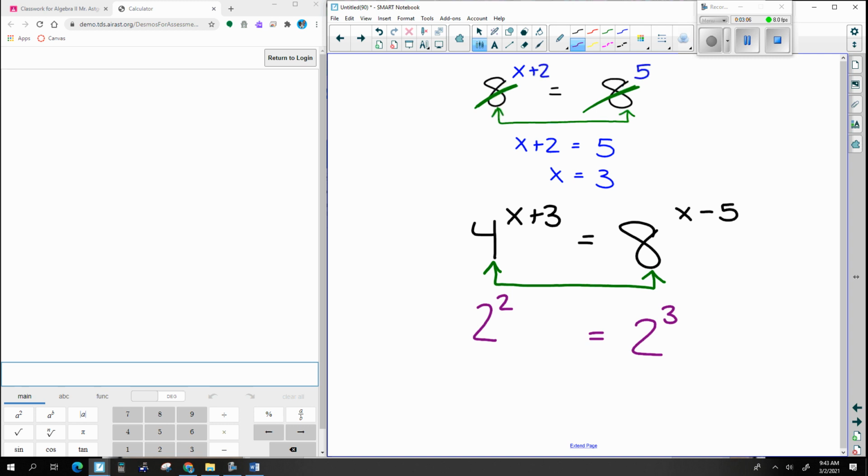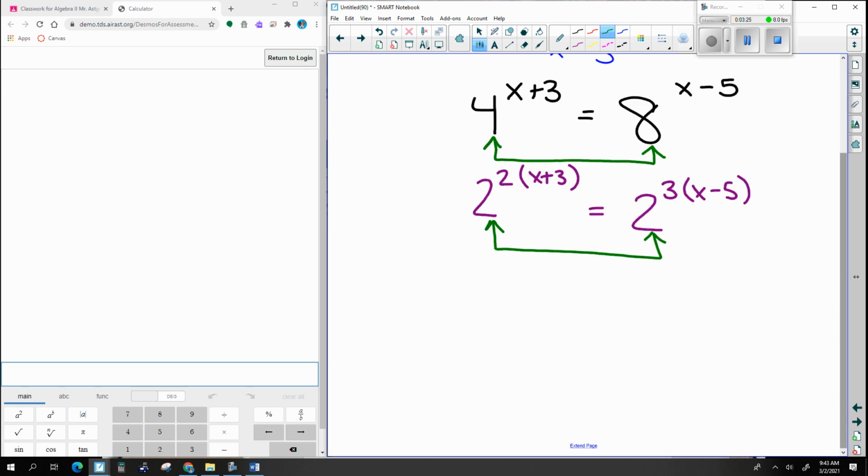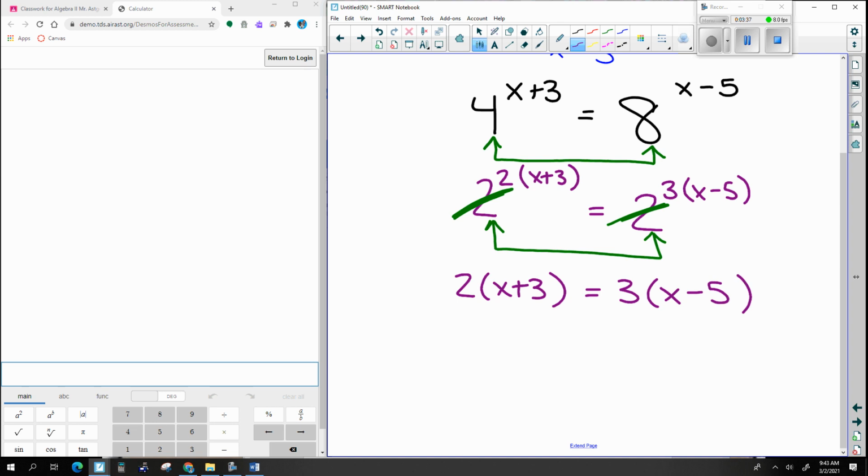So, if this 4, aka 2 to the 2, already had an exponent of x plus 3, and this 8 already had an exponent of x minus 5, by making this similarity with 2's I can now eliminate this base number, and that leaves me with 2 times x plus 3 is equal to 3 times x minus 5. And now it's a very doable math problem.